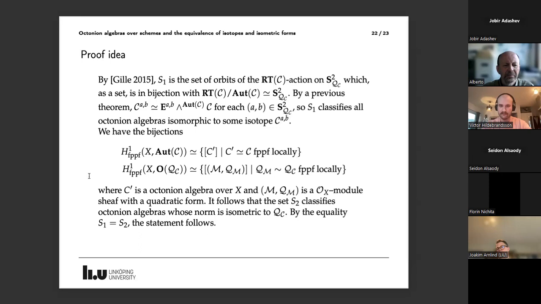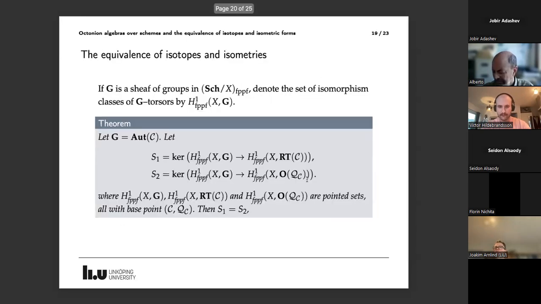And then this set S2 is exactly the Octonion algebras which are sent to the base point, which is our base Octonion algebra.